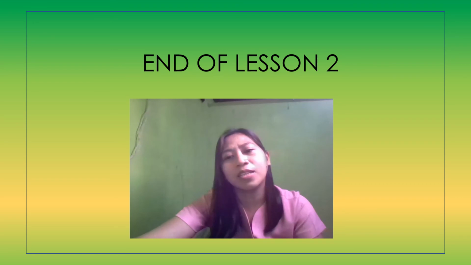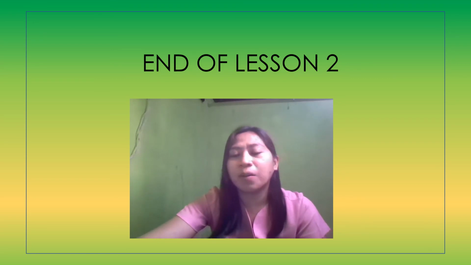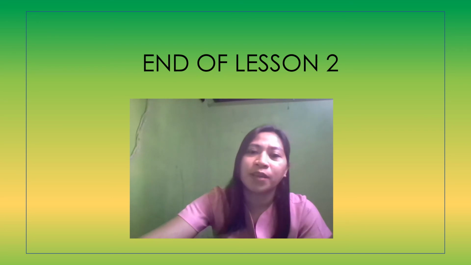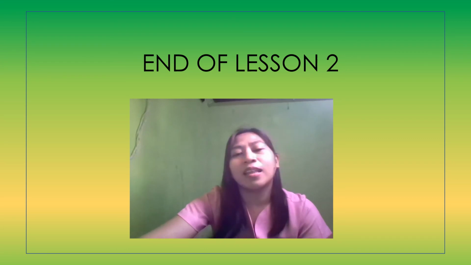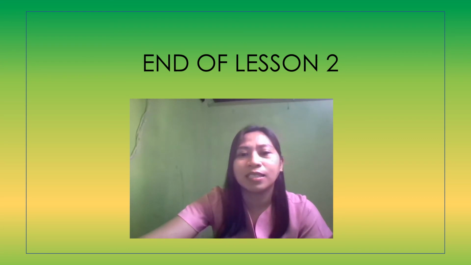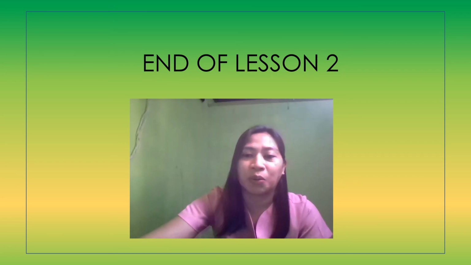Now, with the knowledge that you have about vegetative propagation, I want you to help your parents replant the plants that you already have in your gardens. Okay, find some plants in your garden that use their roots, stems, or leaves in multiplying their own kind.